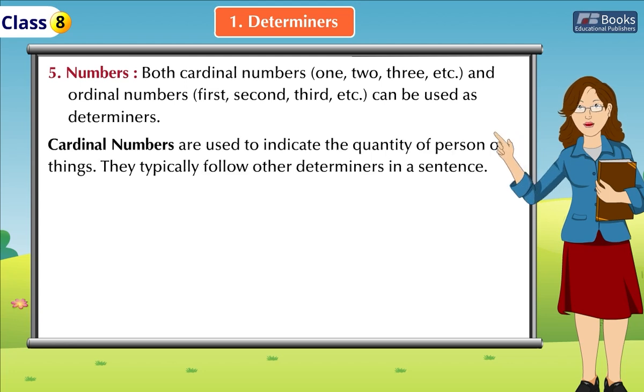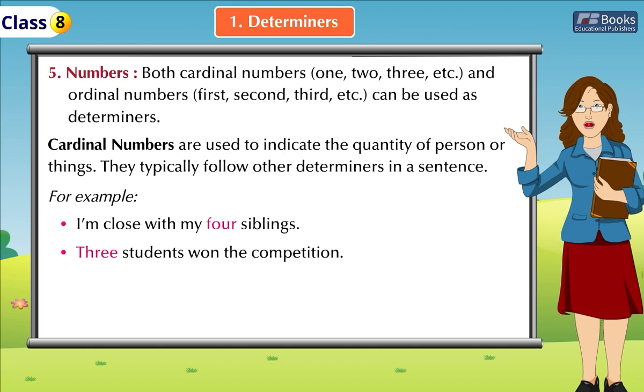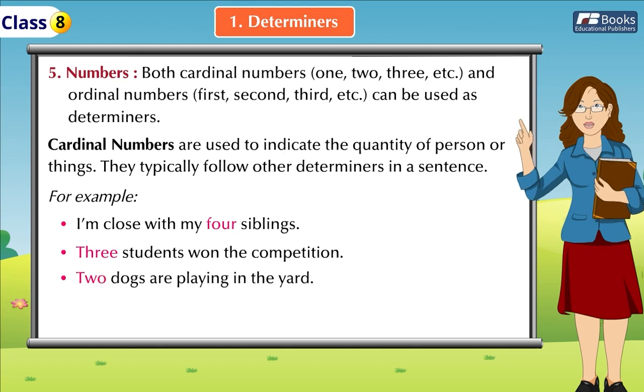Cardinal numbers are used to indicate the quantity of persons or things. They typically follow other determiners in a sentence. For example, I'm close with my 4 siblings. 3 students won the competition. 2 dogs are playing in the yard.